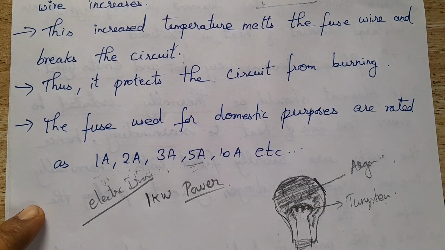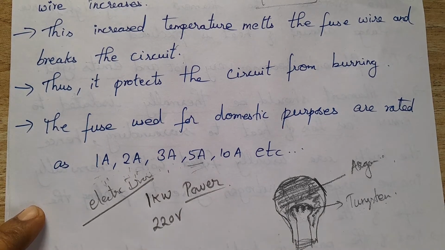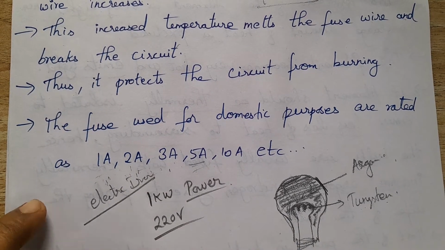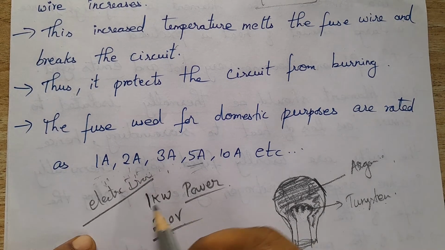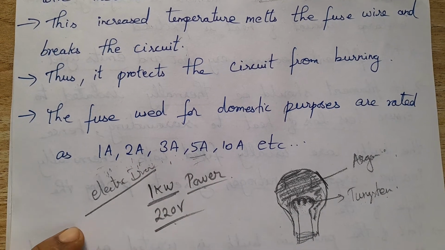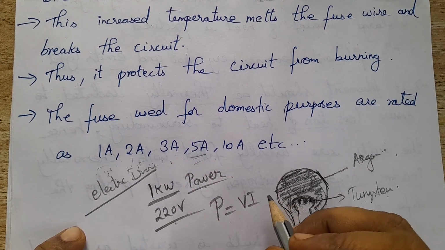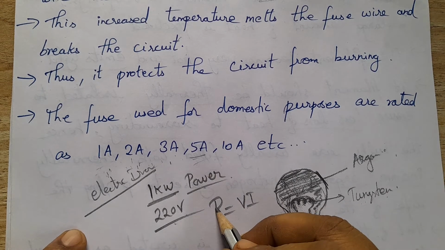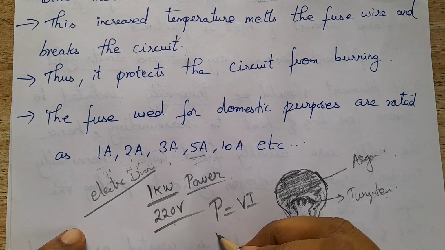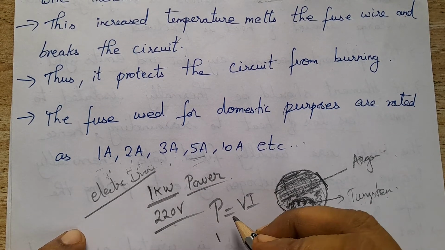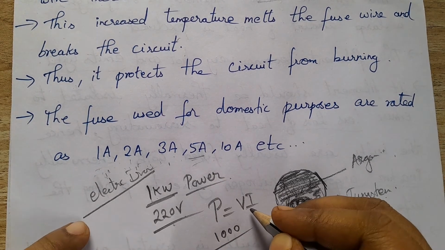You are supplied with 220 volts potential difference, and it will be consuming 1 kilowatt power. What will be the current? You know that power equals V into I. So the power of 1 kilowatt is converted into watts, 1000.